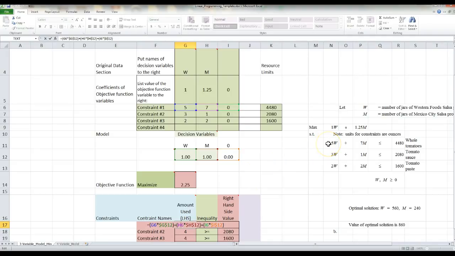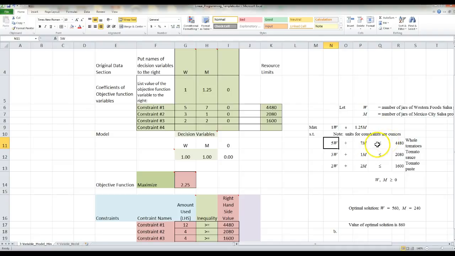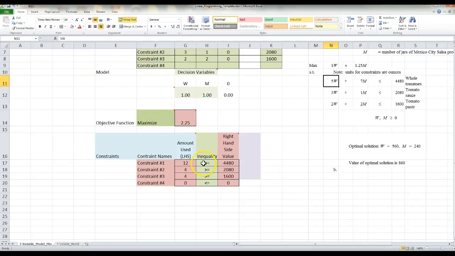So what's being done is the calculation 5W plus 7M. We're going to make that less than or equal to that right-hand side constraint. Now, this inequality is just something that I type in to remind myself of what the relationship is. So for this problem, I would literally type less than or equal to. These don't factor into the actual solution calculation.